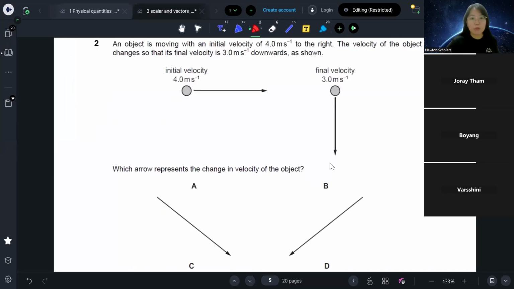Okay, question number 2. Change in velocity. I want you to answer this question and tell me your answer.